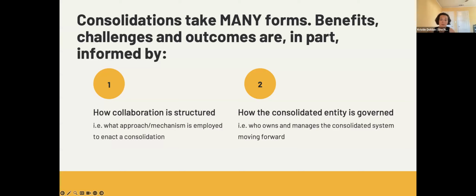It can help us shape expectations of residents and even shape our own expectations of what will happen from a project. And it can help us identify additional actions that might be needed to address challenges that won't be resolved by the consolidation. We'll come back to this at the end, but I want to say up front, in case that's what you're thinking in the back of your mind, that even where there aren't multiple options to compare, it's important that we do this work of breaking down and understanding the implications of the structure and the governance, so that we understand how that's informing the project at hand.